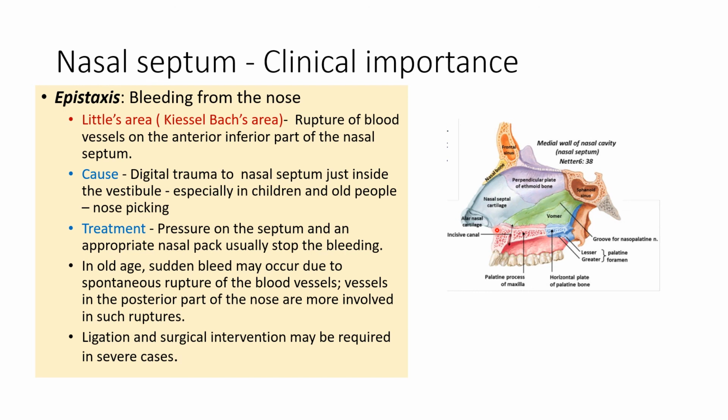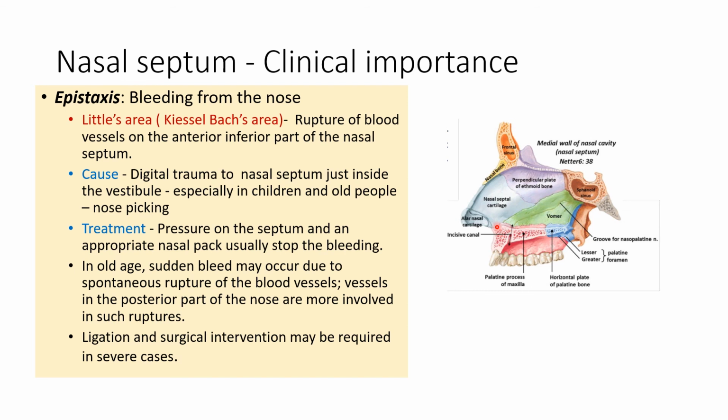So by applying pressure over the anterior part of the nostrils by pressing them for about 20 minutes will arrest the bleeding. And in old age, there will be sudden bleeding due to spontaneous rupture of the blood vessels in the nose.